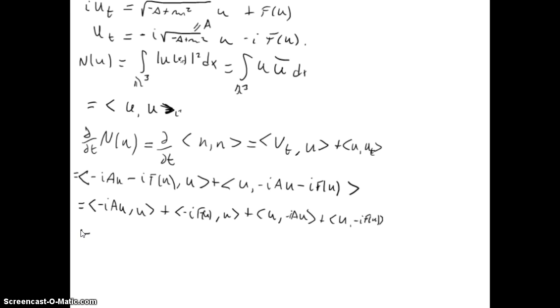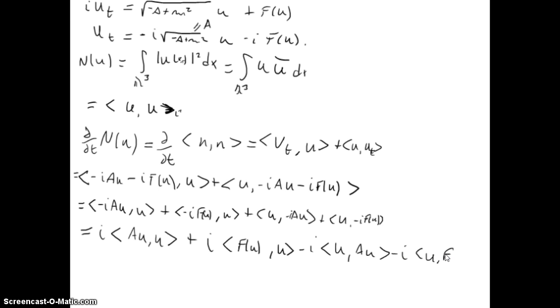Now let's take the constants out: i A u plus i f(u) comma u plus, well, minus i u comma A u minus i u comma f(u).